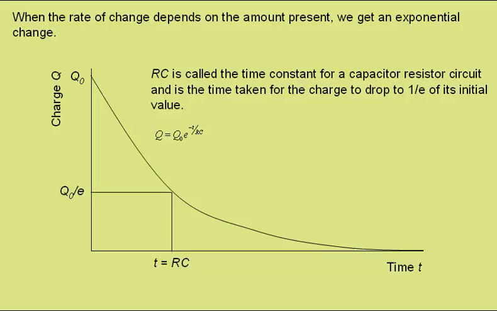From this, we get the equation Q equals Q0 e to the minus t over RC, where Q is the charge at time t, Q0 the initial charge, R the resistance in ohms, and C the capacitance in farads.